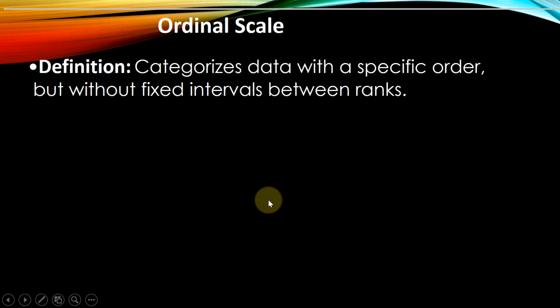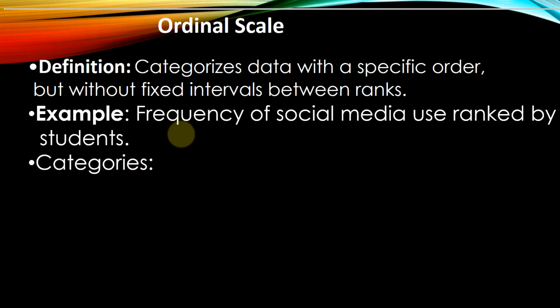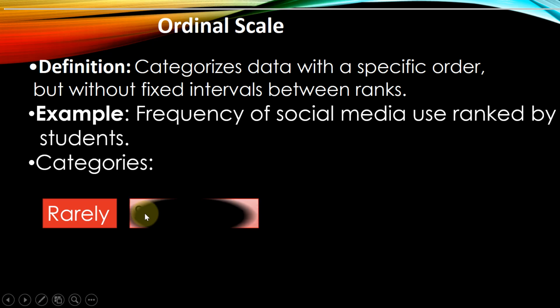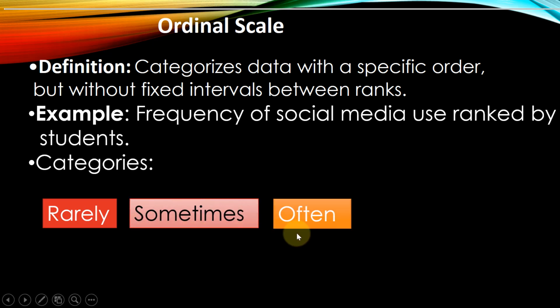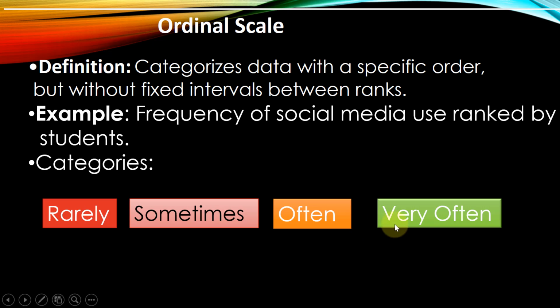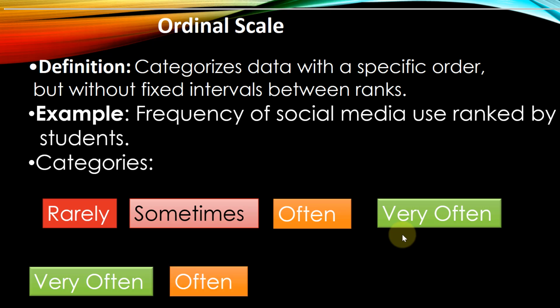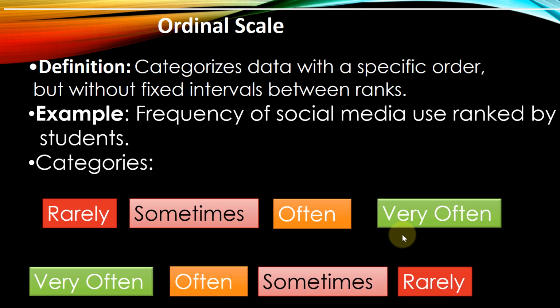Next is our ordinal scale. Ordinal scale categorizes data with a specific order but without fixed intervals between the ranks. For example, you want to know the frequency of social media use ranked by the students, and it may be rarely, sometimes, often, and very often, or very often, sometimes, and rarely.